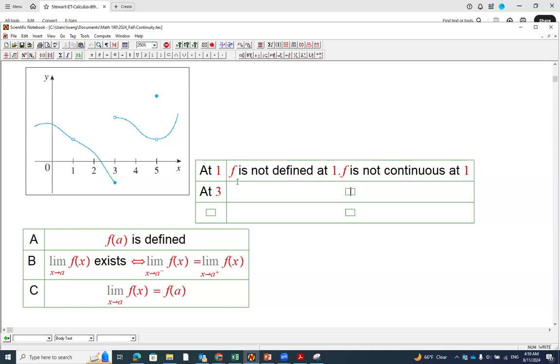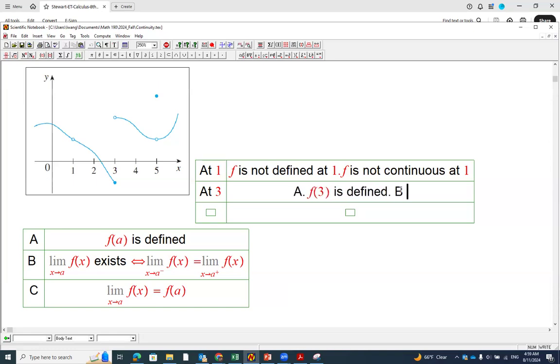So we check the first condition, we check A: f of three is defined.